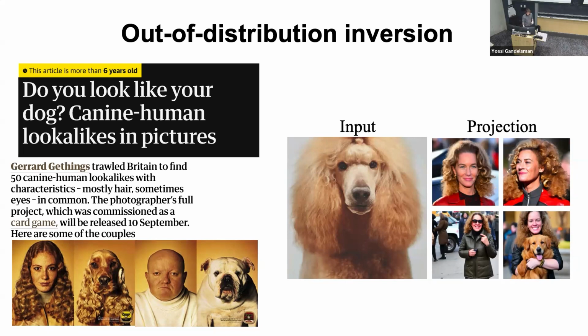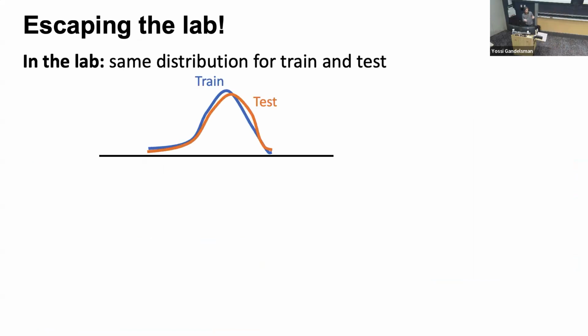Okay, I'll get to the last part, which I usually call escaping the lab, because I showed you some results with out of distribution inversion and out of distribution behavior, but generally speaking, all of this premise of deep learning and the lab setting that we work with is that there is the same distribution for the training and the test.